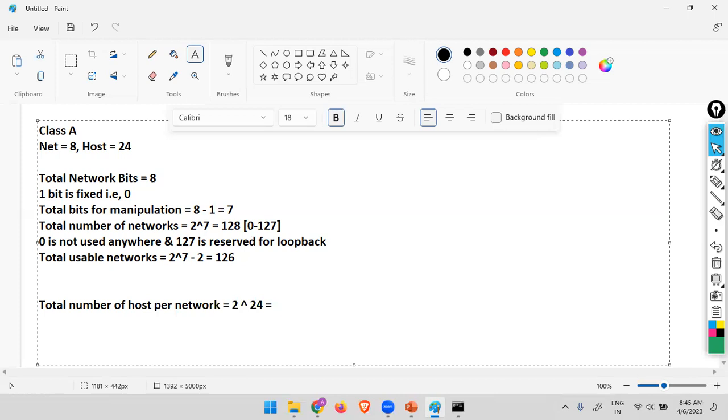So 2 raised to power 24 will be 1 crore 67 lakh 77,216 addresses in one network. That means these many PCs can be connected in one network, if you keep the first octet constant and change the remaining three octets.